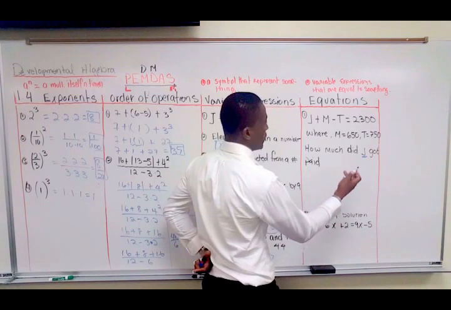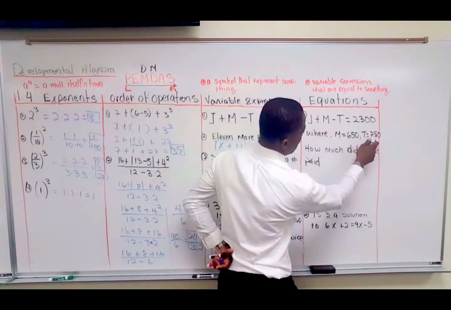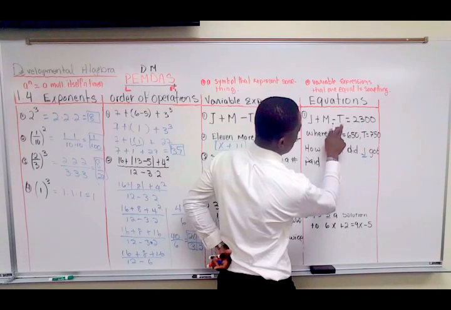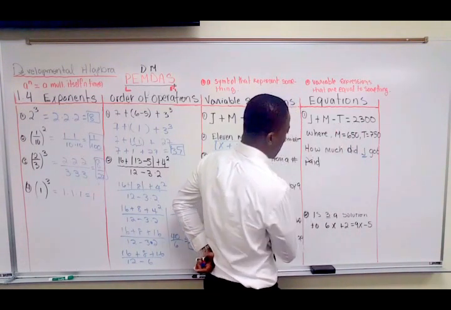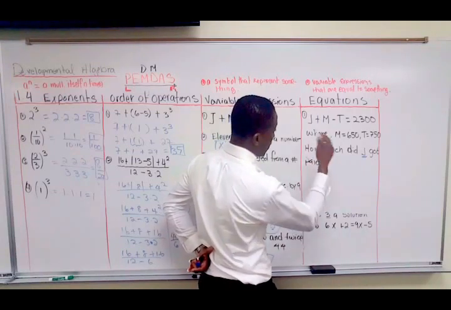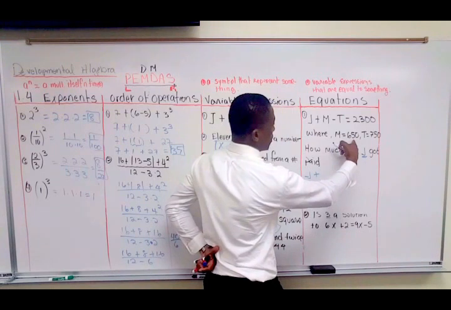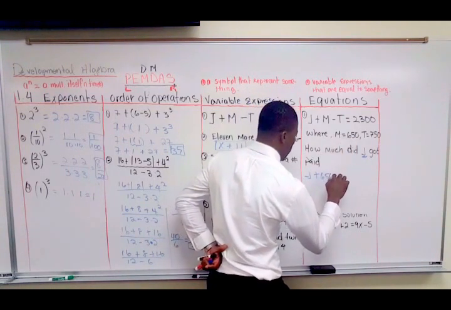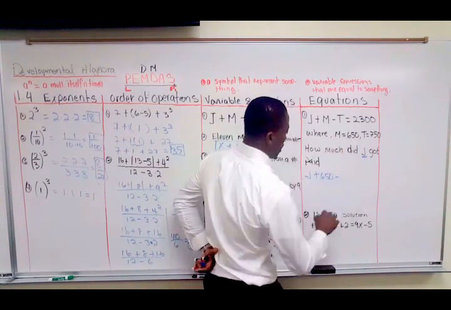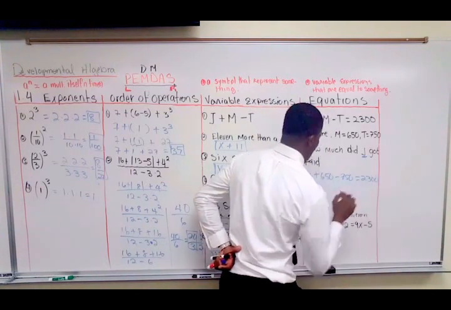To figure it out, we have to plug in what Mary gets and what Thomas should have got, because he didn't show up to work. So that's minus $750. We'll put that expression down, including the values. So we'll have J plus whatever M is, we'll replace that with 650, and then minus 750, and that all equals 2300.